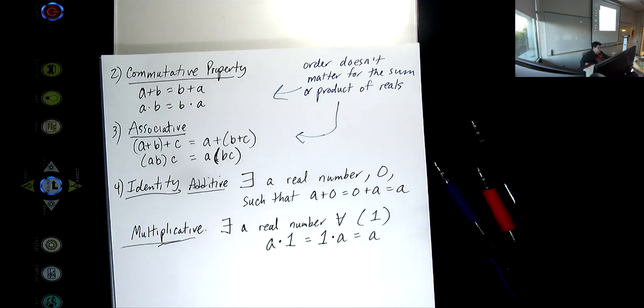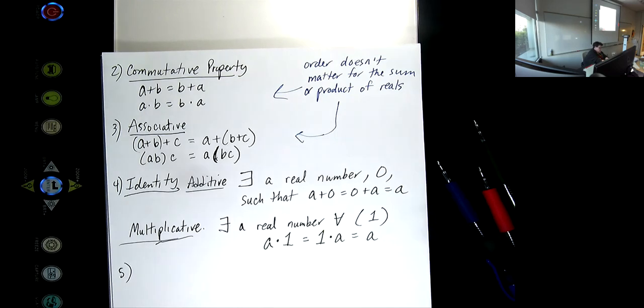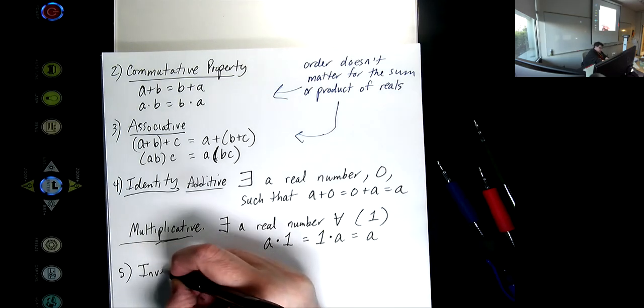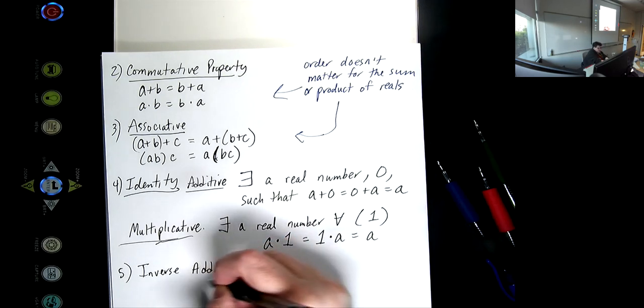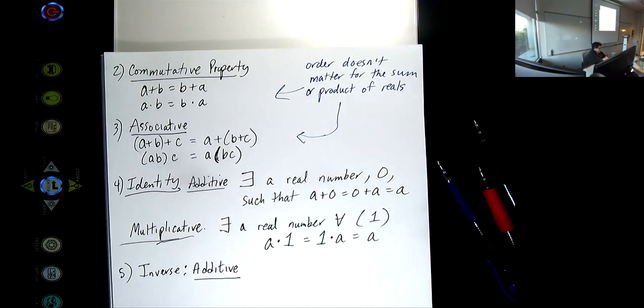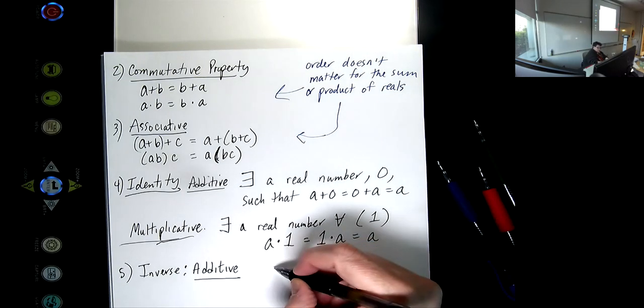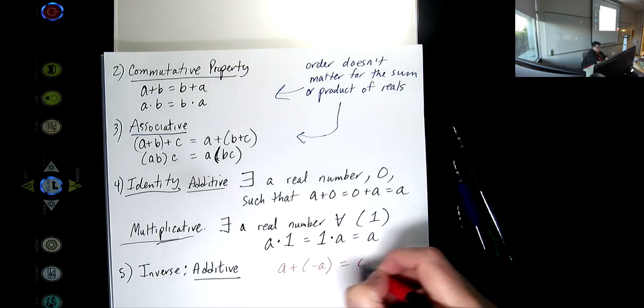Let's see, number 5, we've got our inverse operations. So our additive inverse and our multiplicative inverse. That is such a fun word to try to say. The idea behind the additive inverse is A plus negative A equals 0.